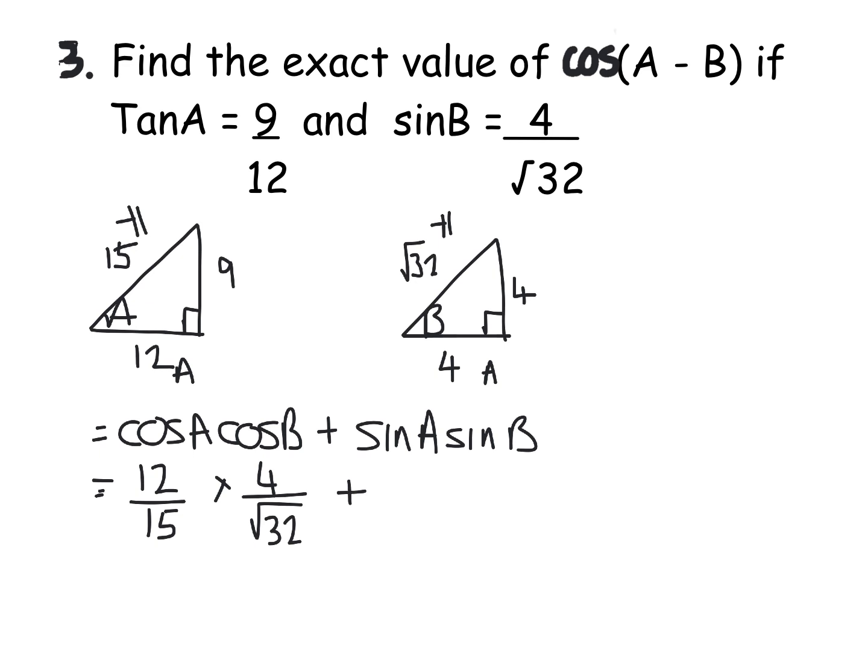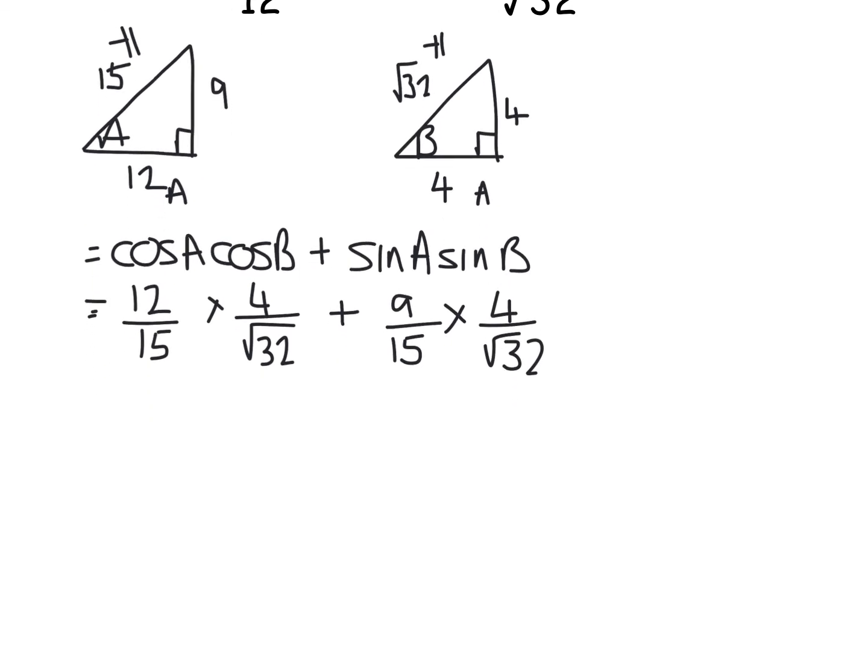Plus sine A would be 9 over 15, times sine B, which is 4 over root 32. So then we're just ready to multiply now.